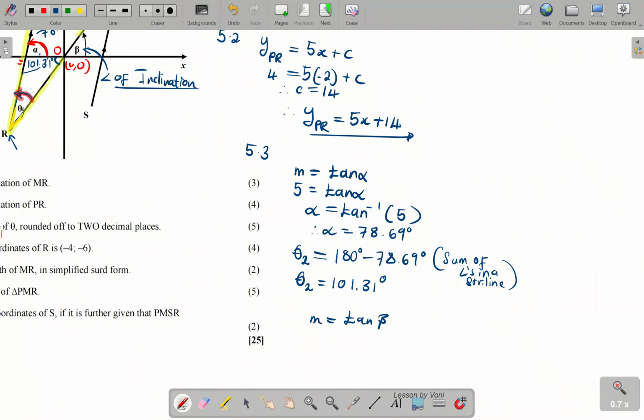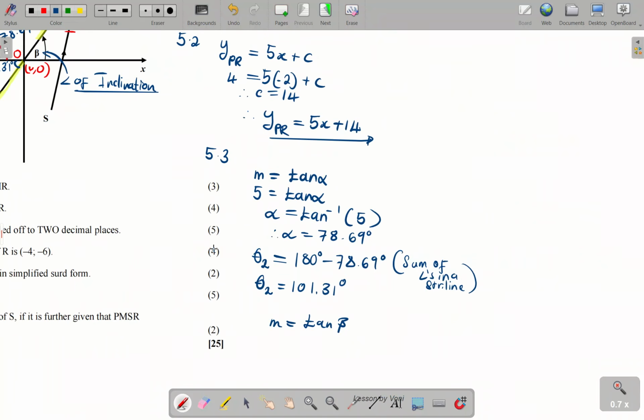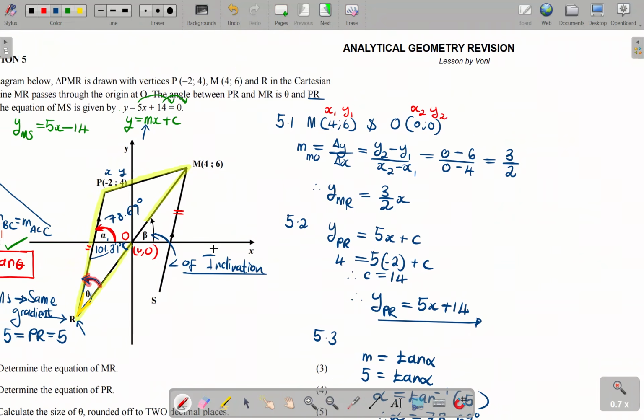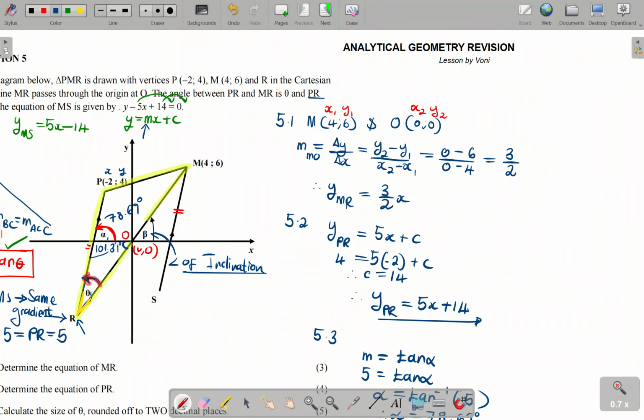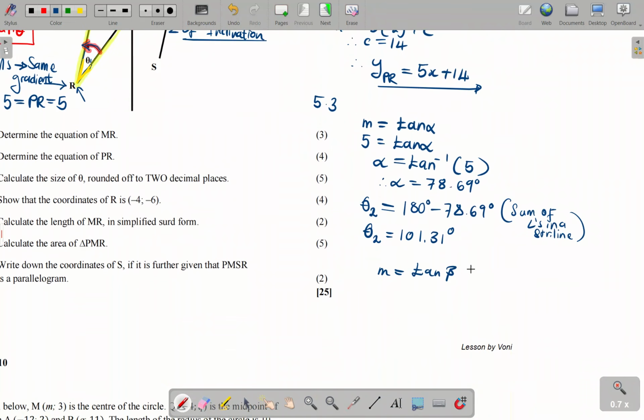So what is the gradient of this line there that this angle of inclination is measuring? This line MR. We know that the gradient of MR is 3/2. So 3/2 is equal to tan of beta. Therefore, to find beta, simply the arctangent of 3 all over 2.